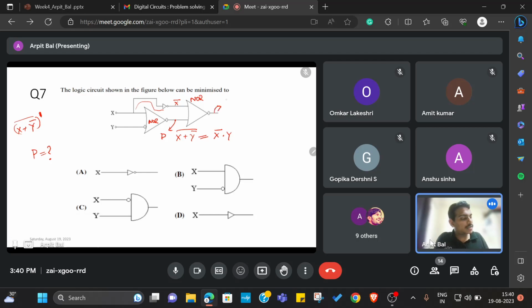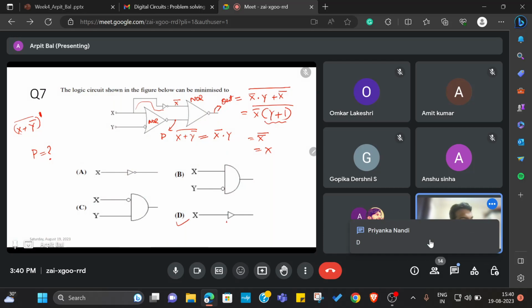Let's call the output out. So out will be x bar dot y plus x bar whole bar. If we take x bar common, we have x bar times y plus 1, whole bar. y plus 1 will be 1, and we are left with x bar whole bar, that is x. So the correct option is D.